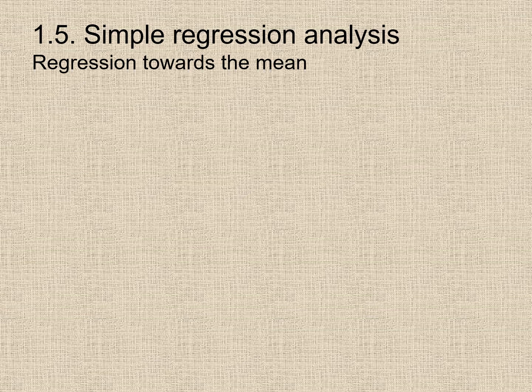So how does it come into this regression analysis? Well, we have a formula here. The regression coefficient: correlation multiplied by the ratio of the standard deviations. Okay, so let's say we have an association that looks like this, and we calculate the regression line.